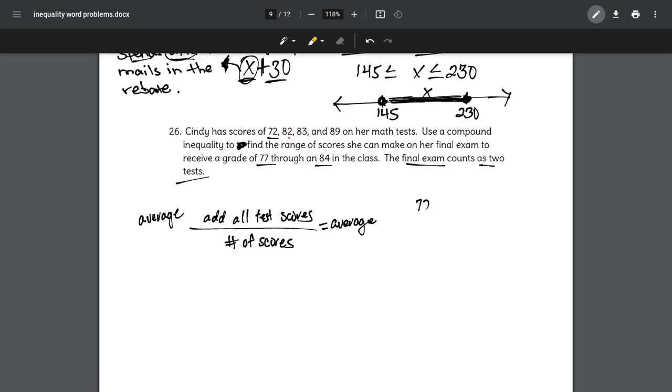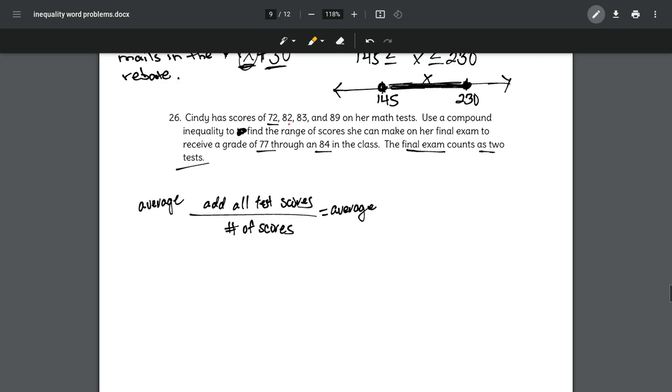So the scores so far are 72, 82, 83, and 89. I'm going to need more room. And she has one more test, but it counts as two.